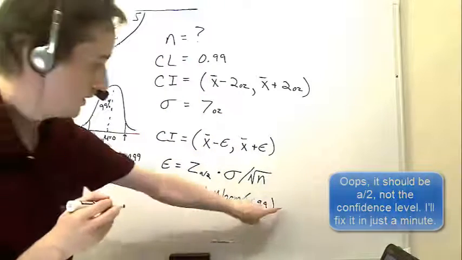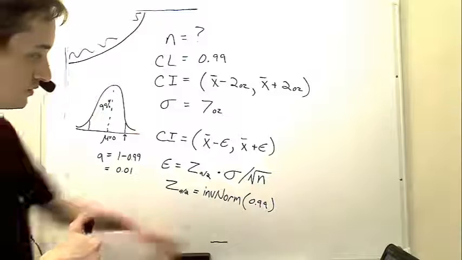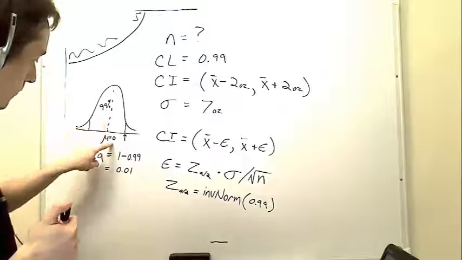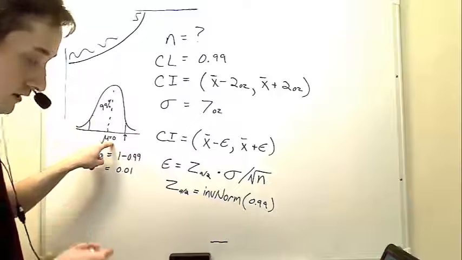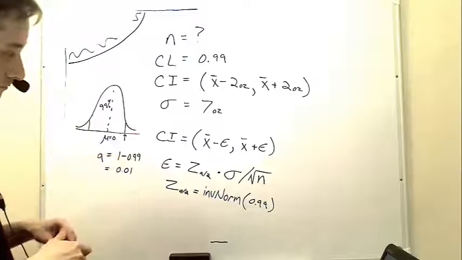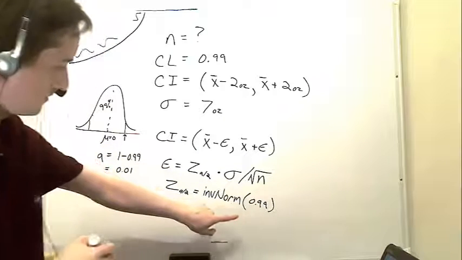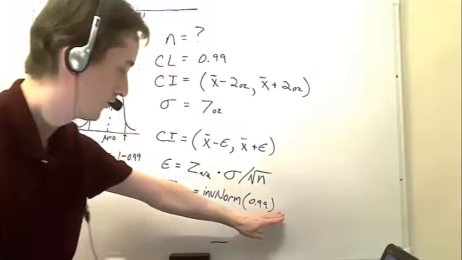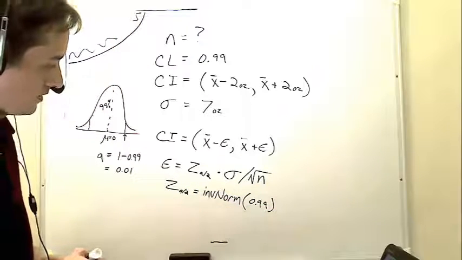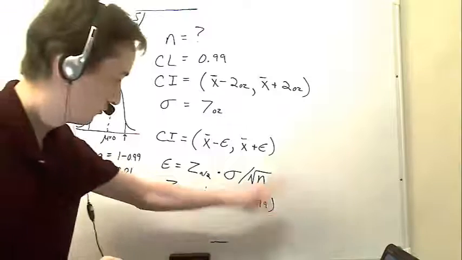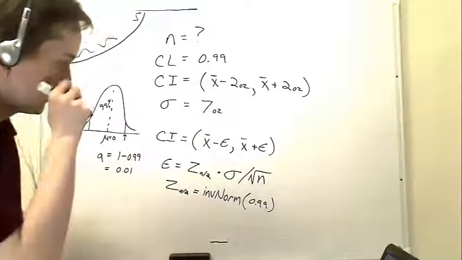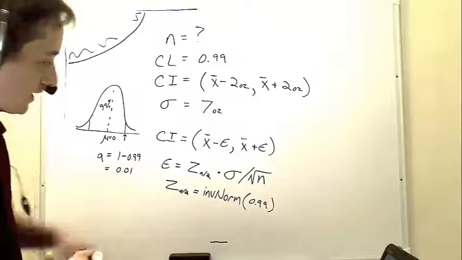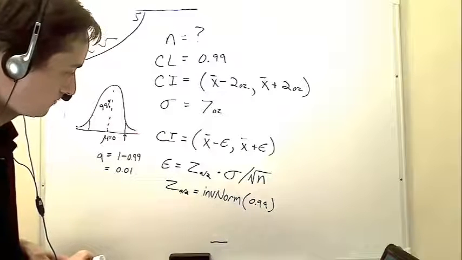Now, when you don't put any other numbers in there, it's just going to assume that you're using a standardized normal distribution where mu equals 0 and the standard deviation equals 1. Otherwise, you'd have to put the mean and standard deviation in there also separated by commas. But when you don't do that, it just assumes the mean is 0, standard deviation is 1. And that's what we want in order to just get our z-score for a over 2.